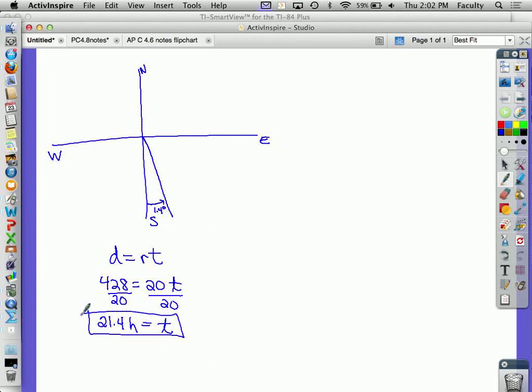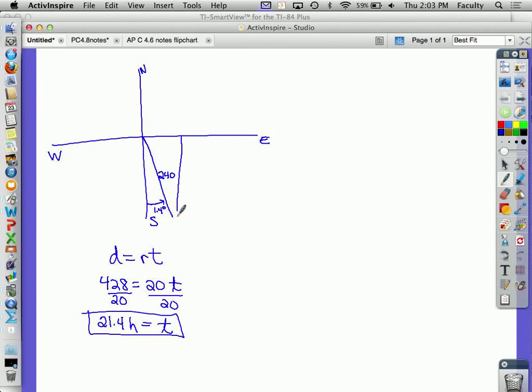If the boat has gone for 12 hours, what would be the distance? How far is it from the port or wherever it started? 240, right? Because you went 20 knots per hour and you went 12 hours. So it's 20 times 12 is 240.